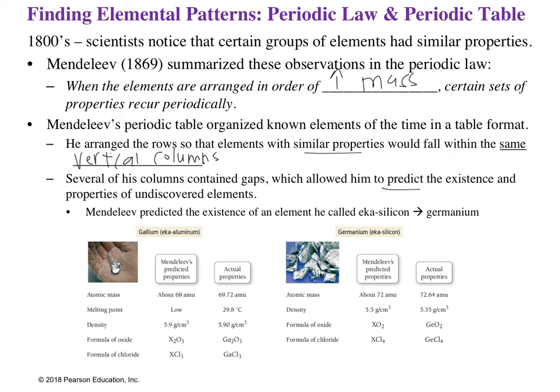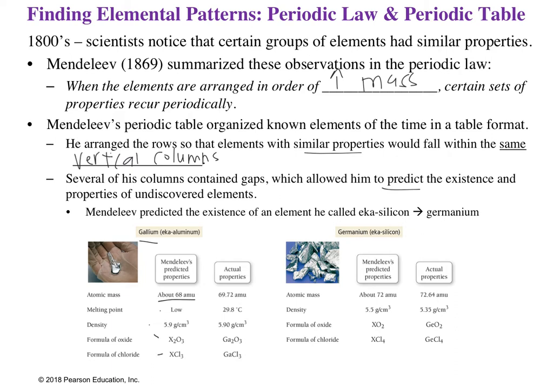So for example, gallium, there was a hole where gallium should have been, and they called it eka aluminum, which means like similar to aluminum. And they predicted, based on where it should have been on the periodic table, that it should have an atomic mass of 89 AMUs, low melting point, a density of 5.9, should take an oxide formula as this metal 2 for every 3 oxygens, and that chloride.